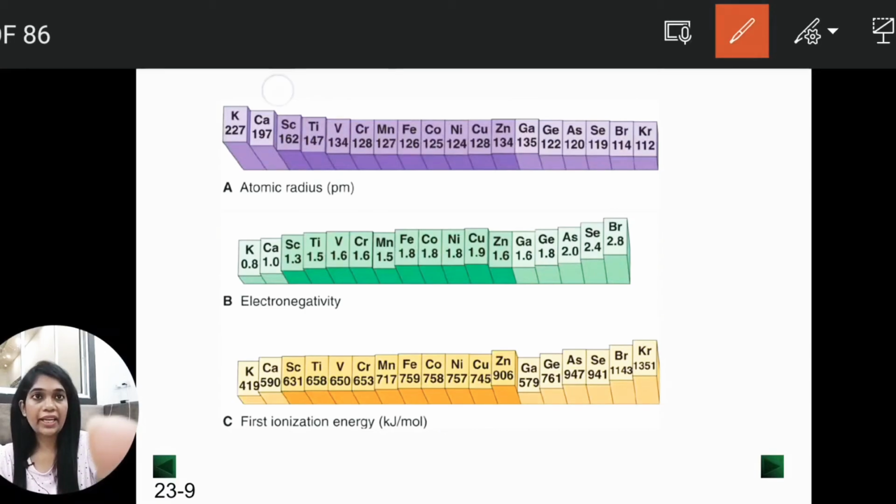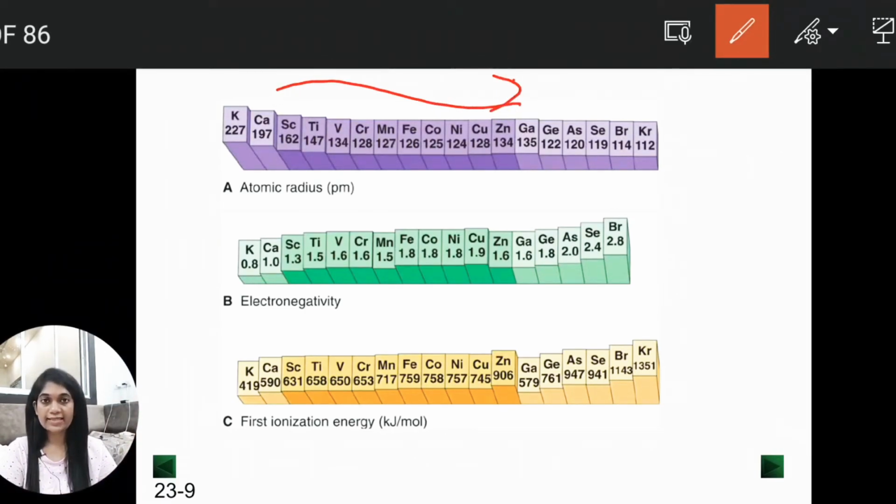You can see in this picture the atomic size from scandium to zinc gradually decreases, but from chromium to copper there is not much difference between atomic sizes. In the case of zinc, the atomic size is slightly more.